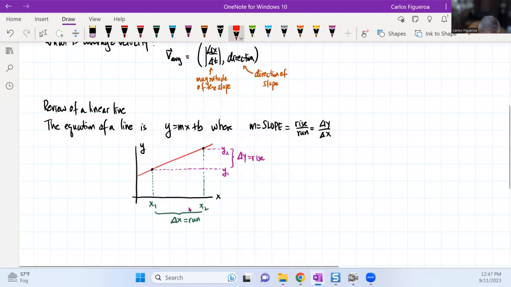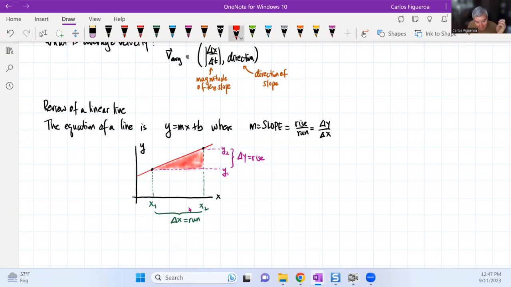So when I look at my triangle right here, it has two characteristics. It has the slope, which we just defined as the rise over the run, and a second piece of information, which is b, the y-intercept. We label this point b right here.